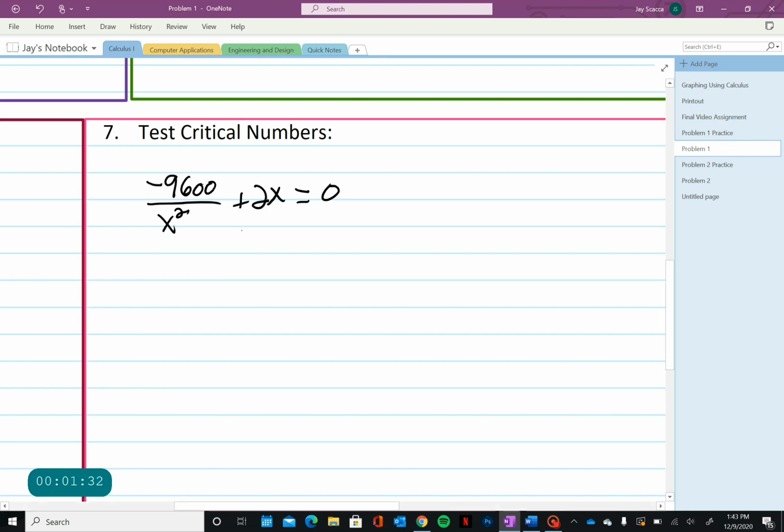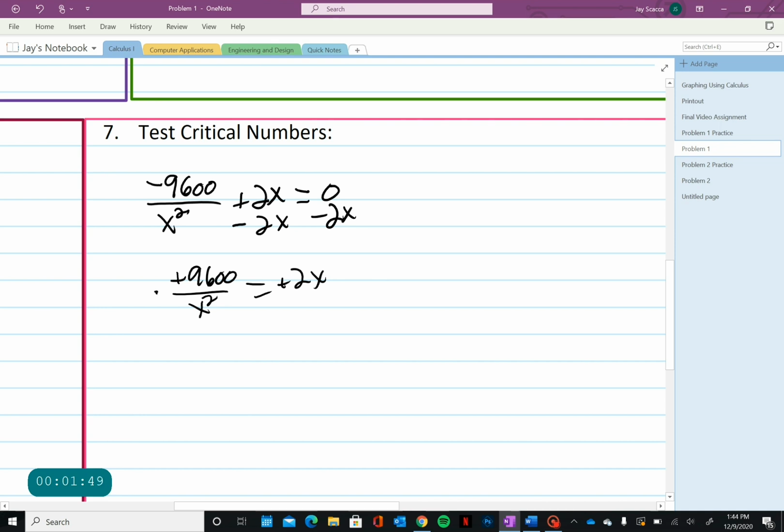So first we would start by subtracting 2x from both sides. And since they're both negative, we could cancel them out.